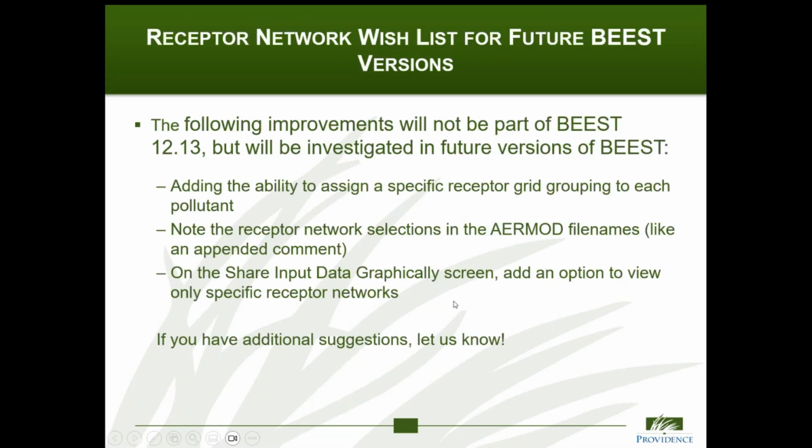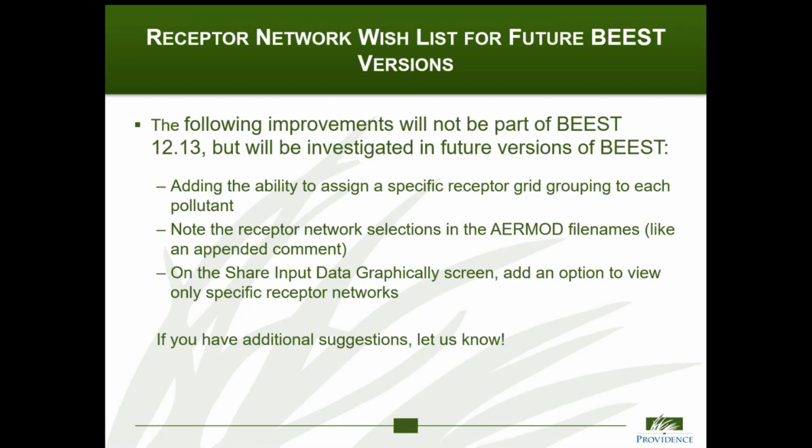This is not perfect. I already have a list of improvements that I would like to see in the next version of BEEST. It's not going to be in BEEST 12.13, but we're definitely looking into it for future versions of BEEST. The first of these is adding the ability to assign a specific receptor grid grouping to each pollutant.